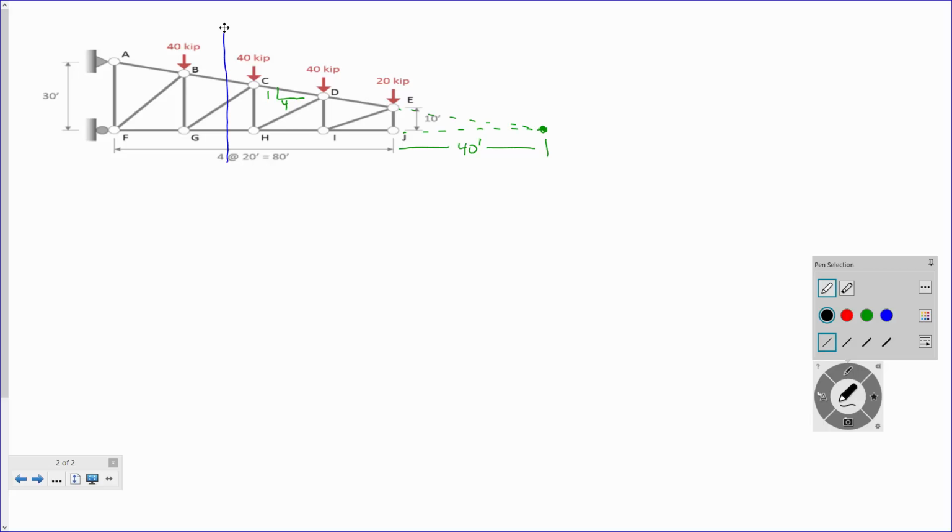I'm going to have, let's see, this and this. Let's see, that and that, that and that. I'm going to have that.